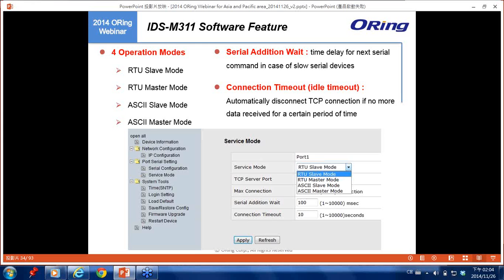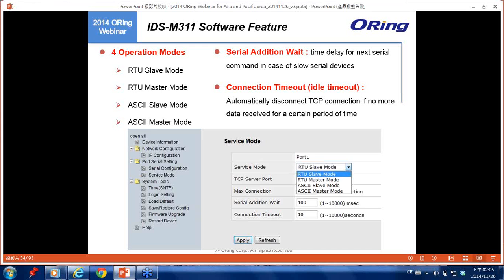In some very old serial devices, after receiving the query, the serial device will send back a feedback to the Modbus gateway. After replying, the device might need some time to get back to ready status in order to receive the next command.